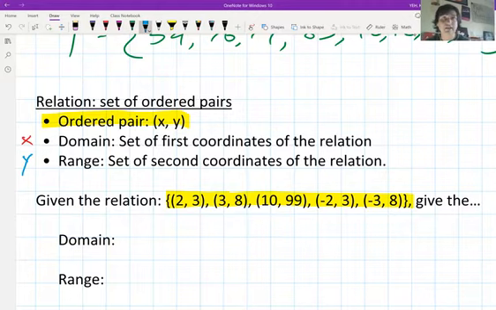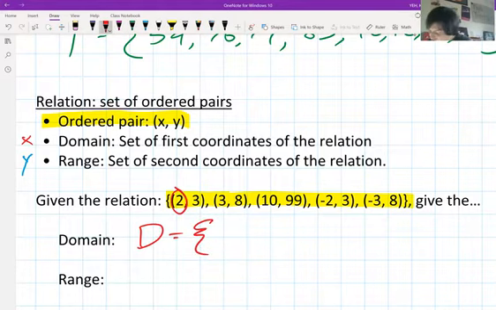The domain of a relation, as you can see from what's on the screen, is the set of first coordinates of the relation. So if we have ordered pairs, if we have x comma y's, then the domain is the set of all x's that we see in this relation. And so down below, when I'm asked for the domain, I'm going to pick out all those x values.